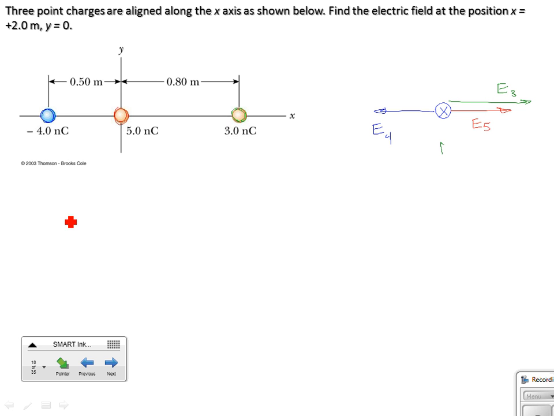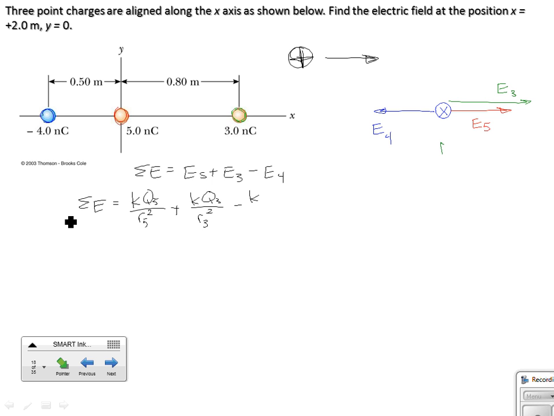Our net electric field is E5 plus E3 minus E4, assuming that positive is to the right. So net electric field is K times Q5 over R5 squared, plus K times Q3 over R3 squared, minus K times Q4 over R4 squared.